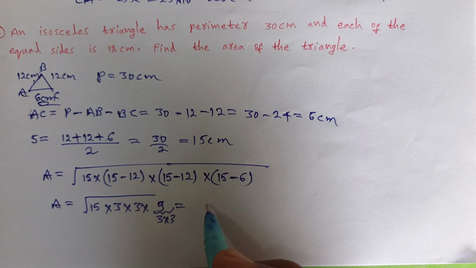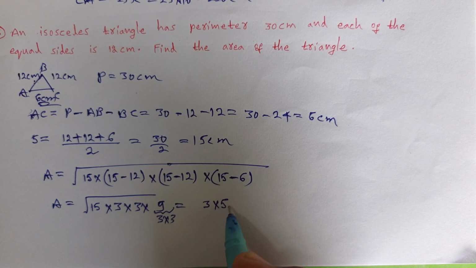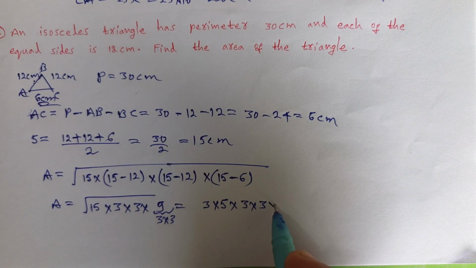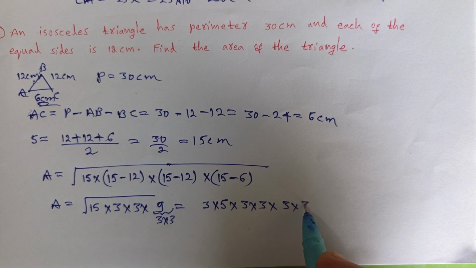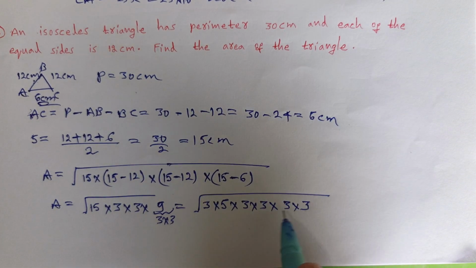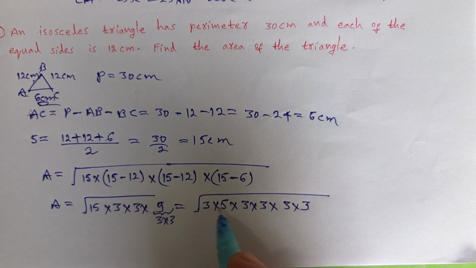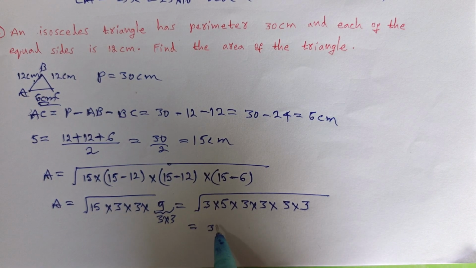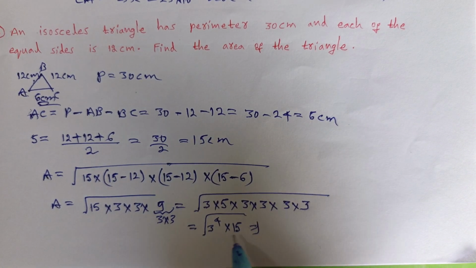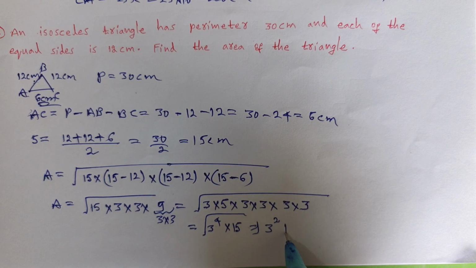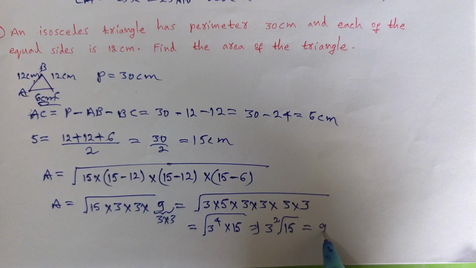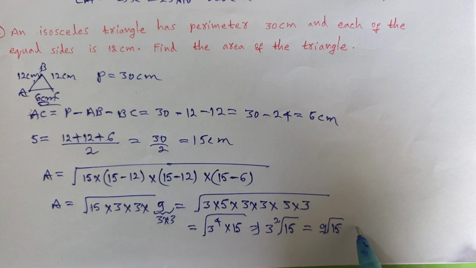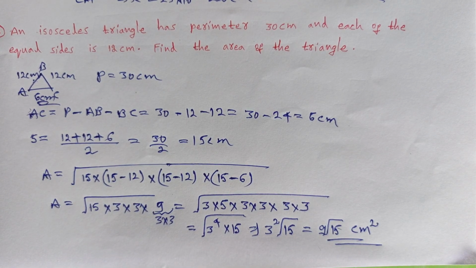Otherwise 3 into 5 into 3 into 3 into 3 into 3. So total how many 3s are there? 3 power 5. Otherwise we will take 3 5 of 15 as it is. 3 power 4 into 15. So under root of this one, that means 3 square into root 15. Finally 3 square means 9. So 9 root 15 and units are centimeter square. So this is the area of that isosceles triangle.